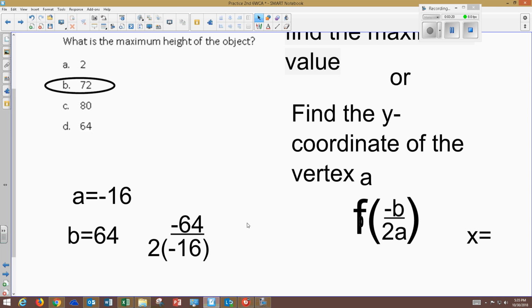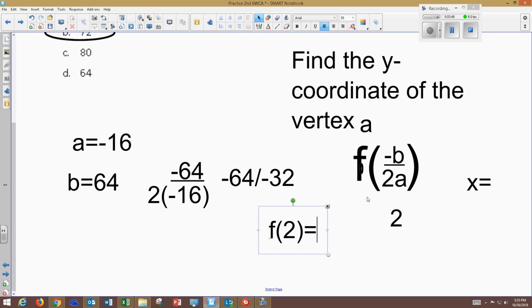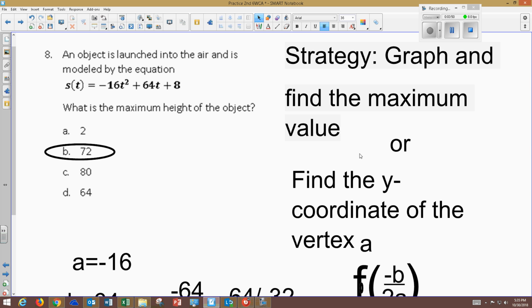That is the same thing as negative 64 over negative 32, which equals 2. So negative b over 2a is just 2. If we can find out what f of 2 is, then we will have the maximum value.